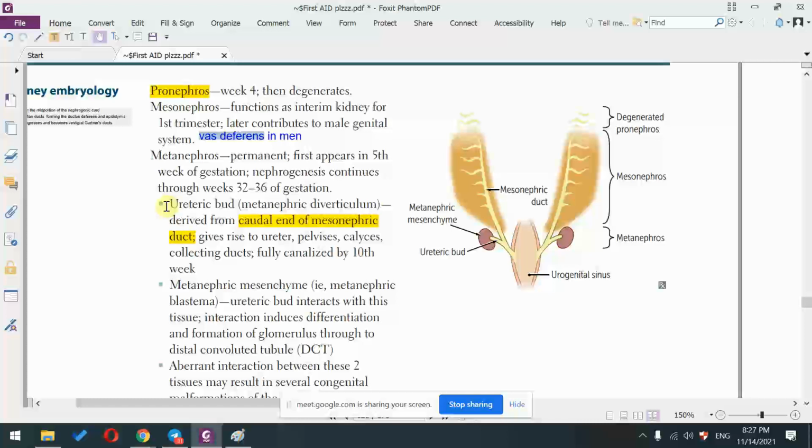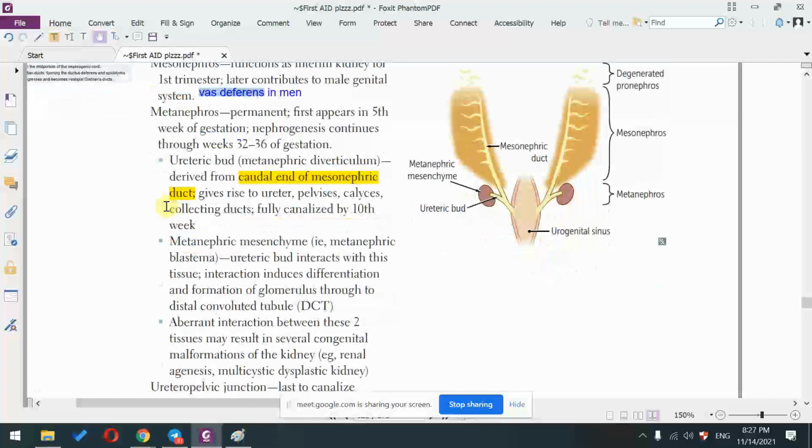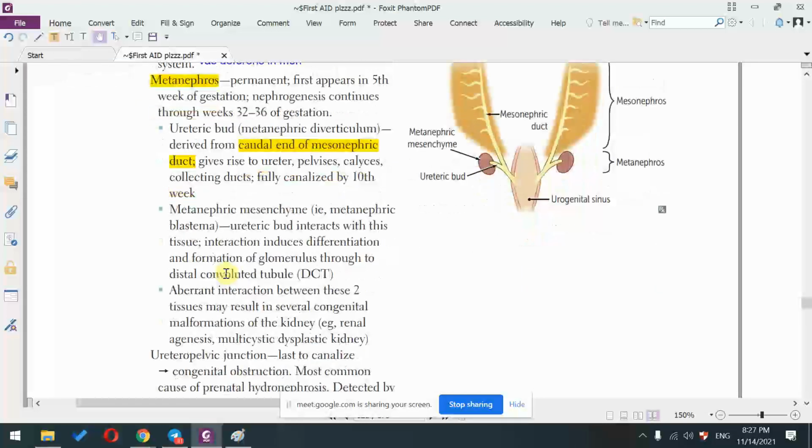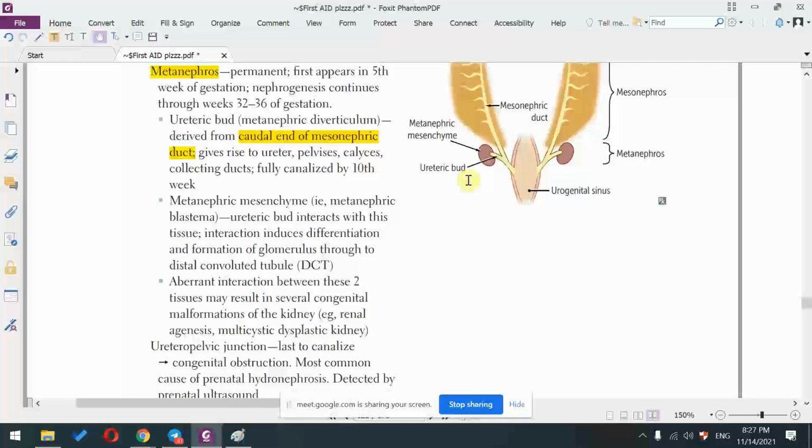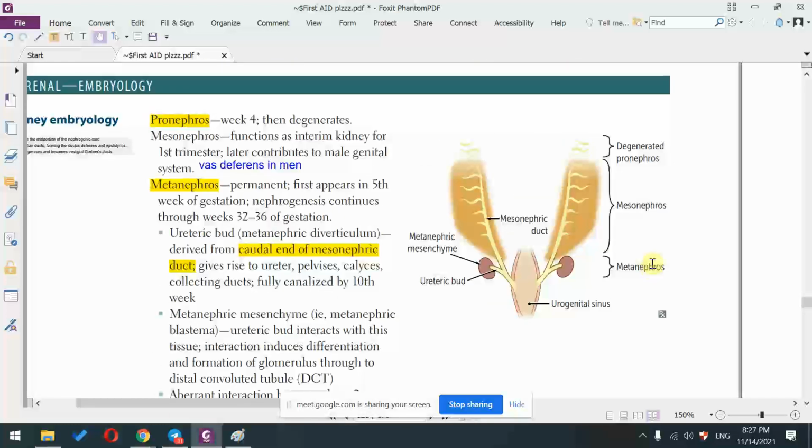Bilateral renal agenesis, same deal. Chronic placental insufficiency. What is chronic placental insufficiency? Well, you remember that the blood is supplied to the baby by the placenta. So, if the baby has chronic placental insufficiency, which is lack of blood supply to the baby, will the kidney of the baby have more blood supply or less blood supply?